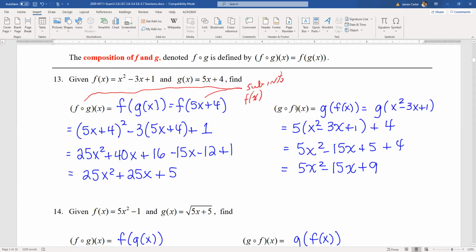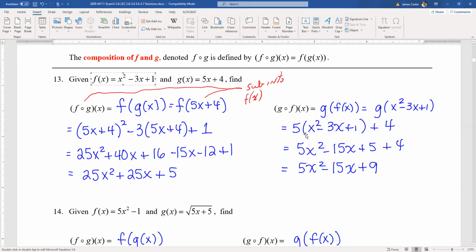Now we're going to reverse this process. So in other words, we're going to take this quadratic formula right here, and then we're going to substitute it into that x in the G equation. Okay, so we're going to take this and substitute it into the G equation.